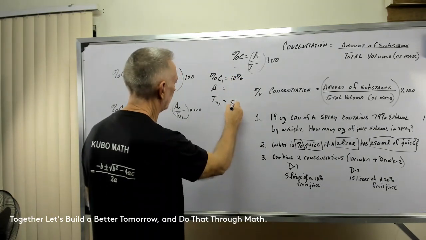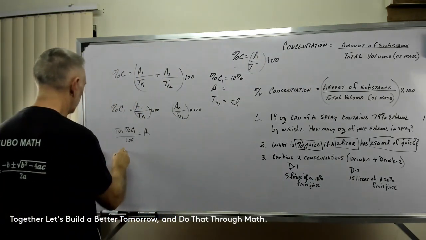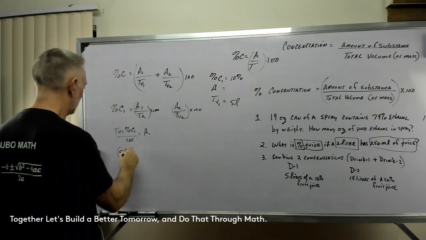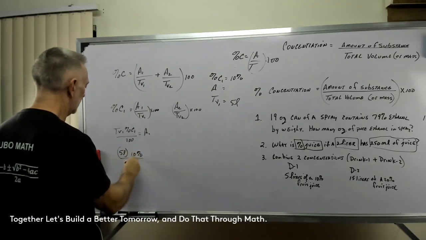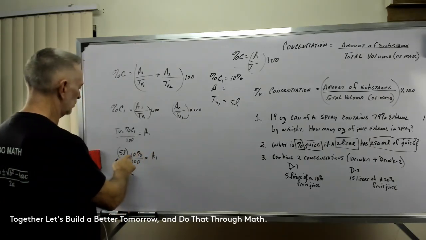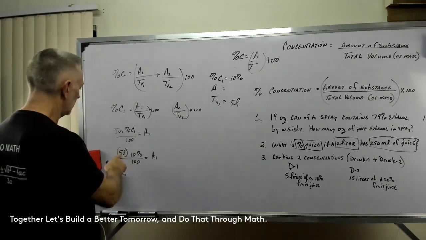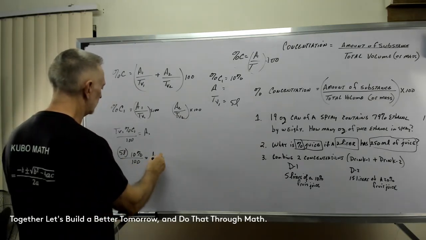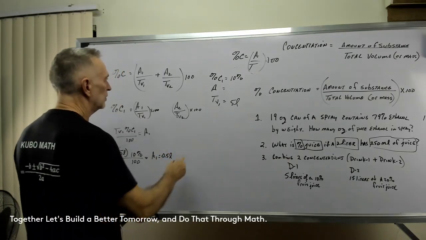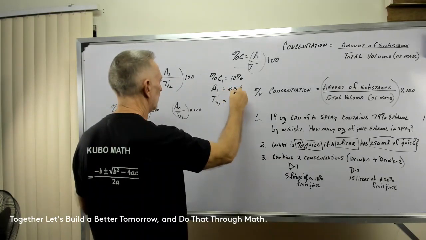TV1 was 5 liters. So I have 5 liters times 10% divided by 100, and that equals A1. So 10% divided by 100 is 0.1. 0.1 times 5 liters gives me a half a liter. Okay, so A1 equals 0.5 liters.